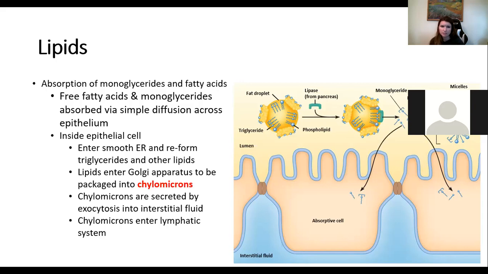Another thing that's going to happen inside the epithelial cell is that lipids can enter the Golgi apparatus or the Golgi body, whatever you want to call it. And they can be packaged into something called a chylomicron. A chylomicron is a type of lipoprotein, which is to say it's a combination of a lot of lipid stuff and a little bit of protein.